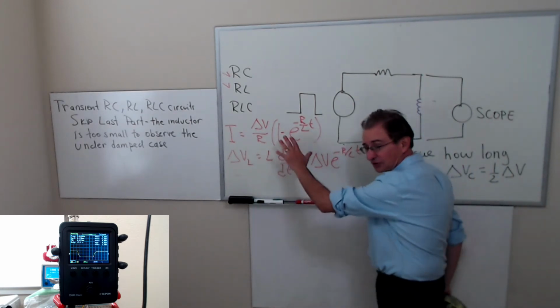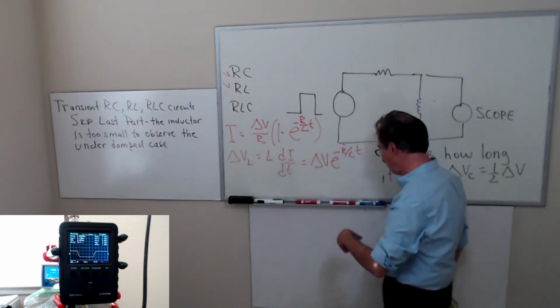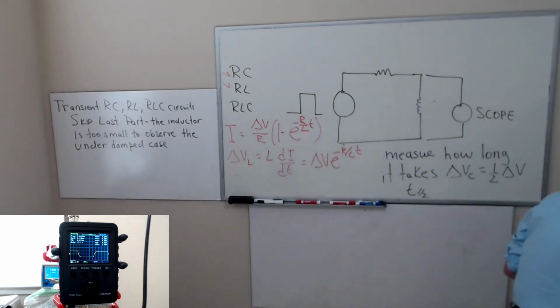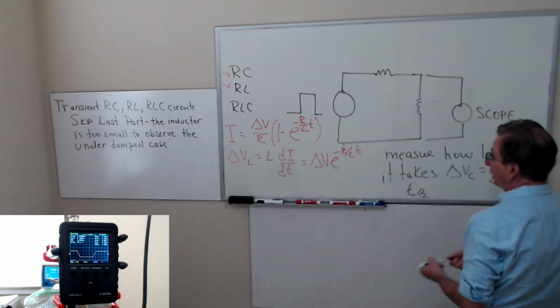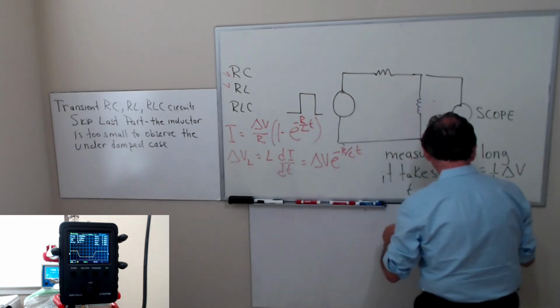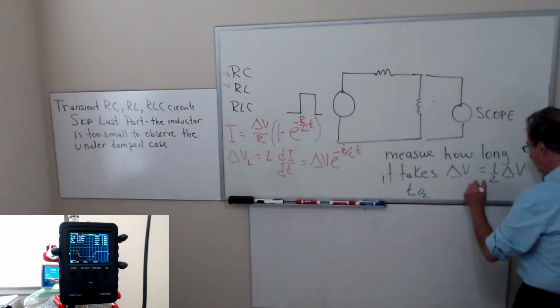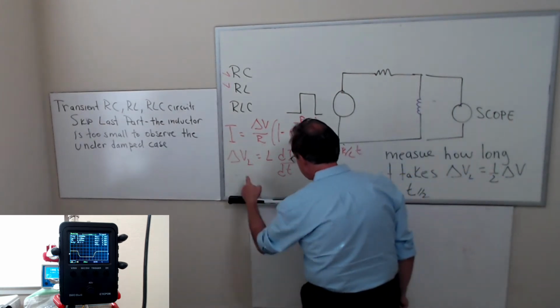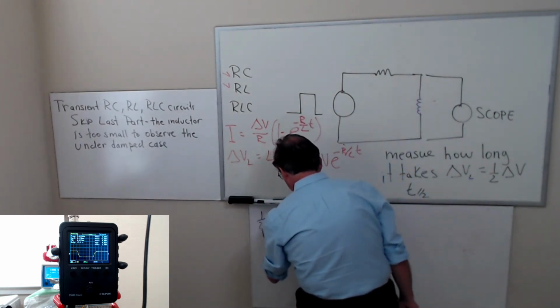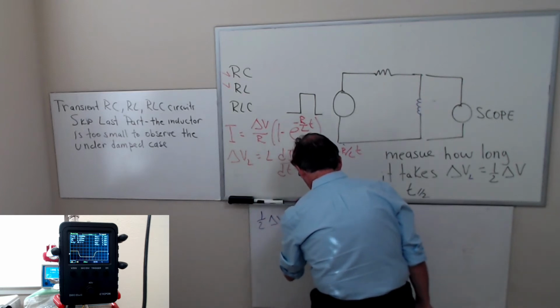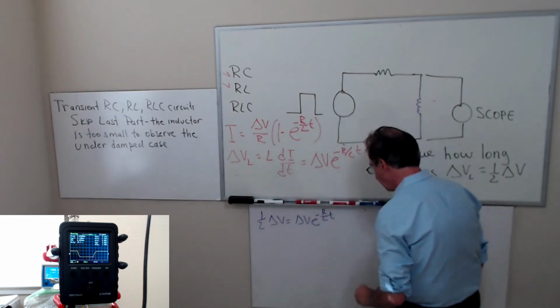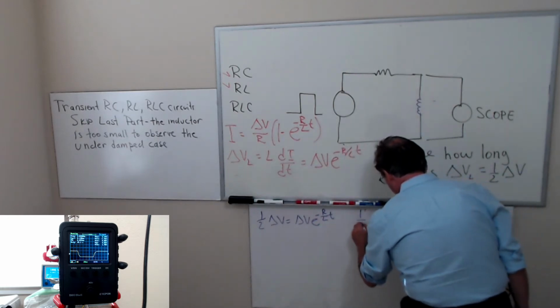As I go through this, remember there's a theory section where I have to derive this equation using MathType and all that fun stuff. Okay, so again, I want to measure when delta V sub L is 1/2 the power supply voltage. So I want this to be 1/2 delta V. And again, I get 1/2, same thing.